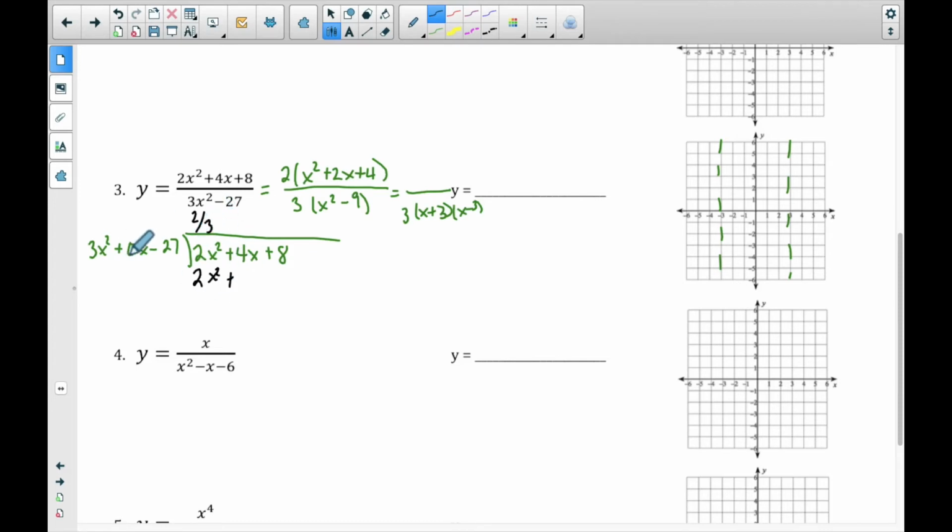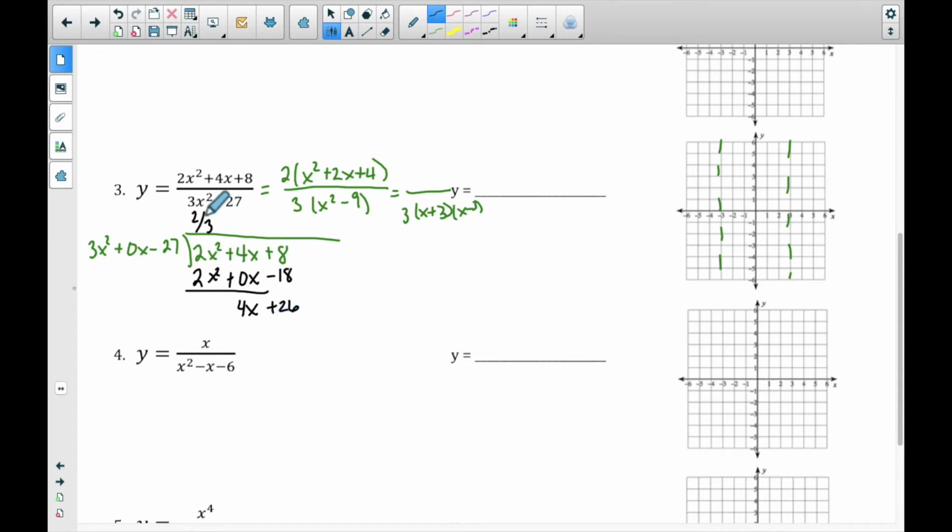And then my next term is a 0x, because 0 times anything is 0. And then my last term is 18. And so I go through here and I start subtracting. And 3x squared doesn't really go into, so I'm kind of in a weird spot, right? This is coming out really strangely. I intended it to come out strangely.